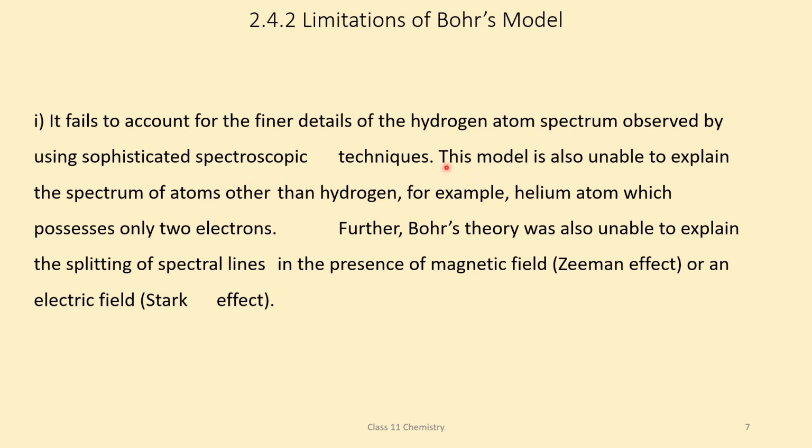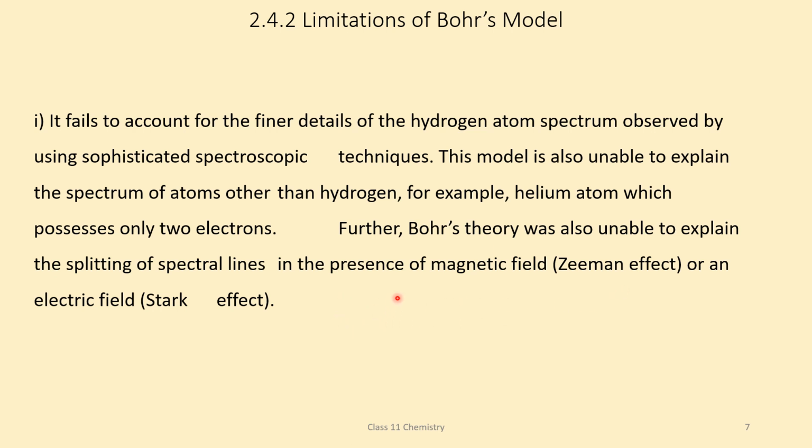So again, the shortcomings were: it was not able to account for the finer details of the hydrogen spectrum observed by sophisticated spectroscopic techniques. This model is also unable to explain the spectrum of atoms other than hydrogen. That is, it could explain only hydrogen. It could not explain the helium atom, which possesses 2 electrons, or other atoms. Similarly, Bohr's theory was not able to explain the splitting of spectral lines in presence of magnetic field and electric field.